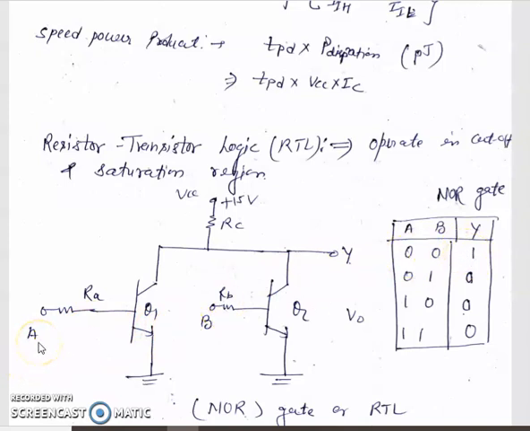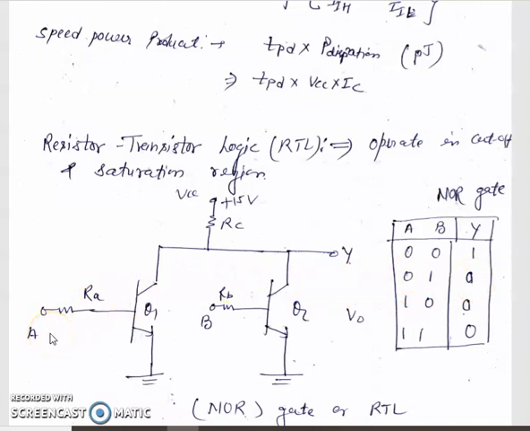So when we apply 0, 0, we get the output voltage 1. Again, if A equal to 0 and B equal to 1 means transistor Q1 goes to cutoff, whereas Q2 goes to saturation. When the transistor goes to saturation, the voltage across the output is low. So for the 0, 1 combination, the output is low, that is represented as 0.